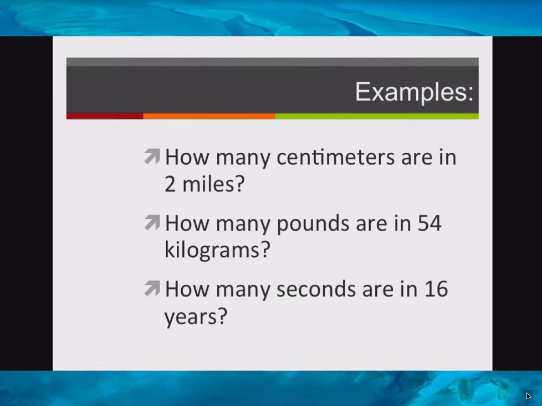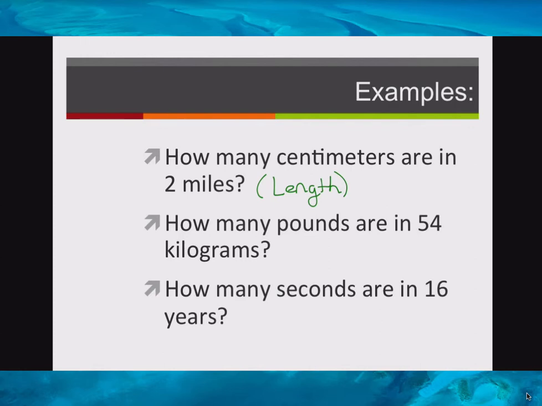Do they both represent the same type of measurement? They're both units of what? Length. So they are compatible because they're both units of length. If you have 2 units of length, you can convert between them.